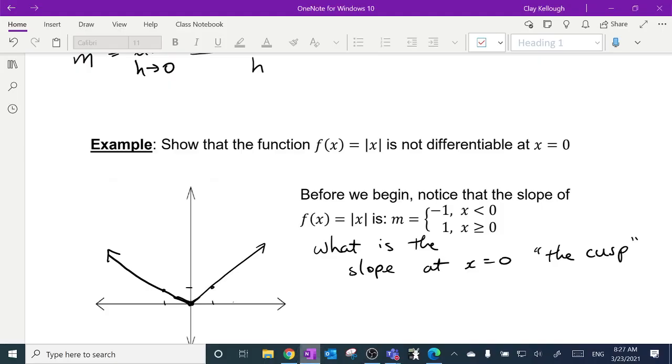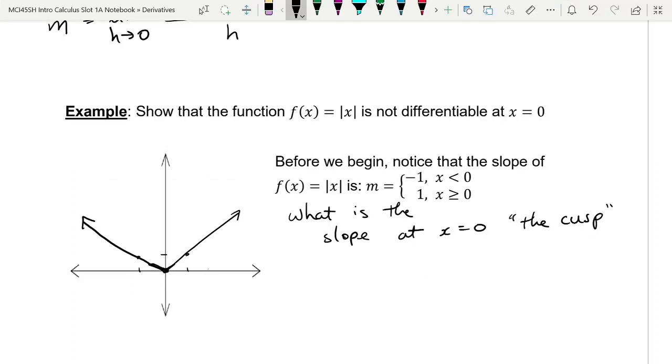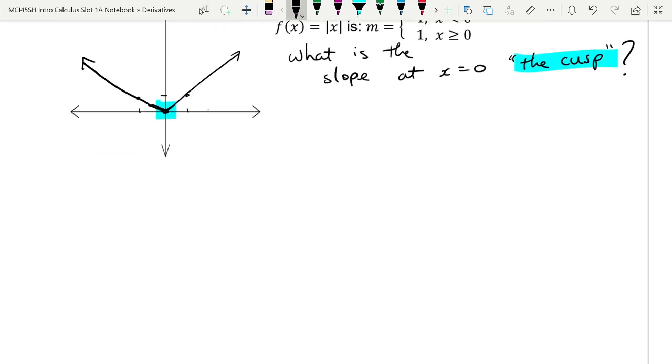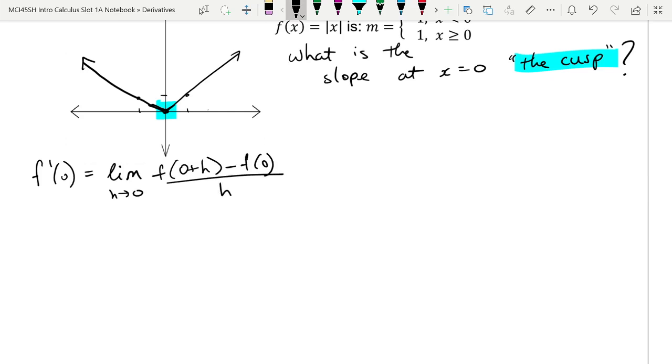Okay, so what is the slope at the cusp part of the graph, which is this cusp thing right there? What is the slope there? Okay, so let's actually figure it out using first principles. f prime at 0 would be the limit as h approaches 0 of f of 0 plus h minus f of 0 all over h.